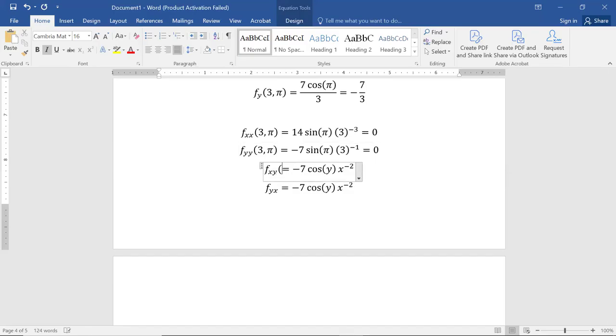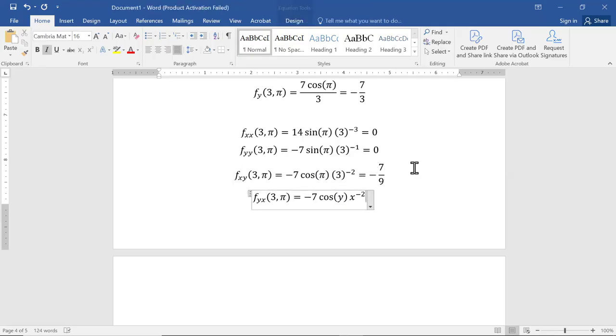Plugging in 3 pi into the second mixed partial derivatives, the f sub xy and the f sub yx, we have to get the same thing. When you calculate this out, you actually get negative 7/9. 3 to the negative 2.